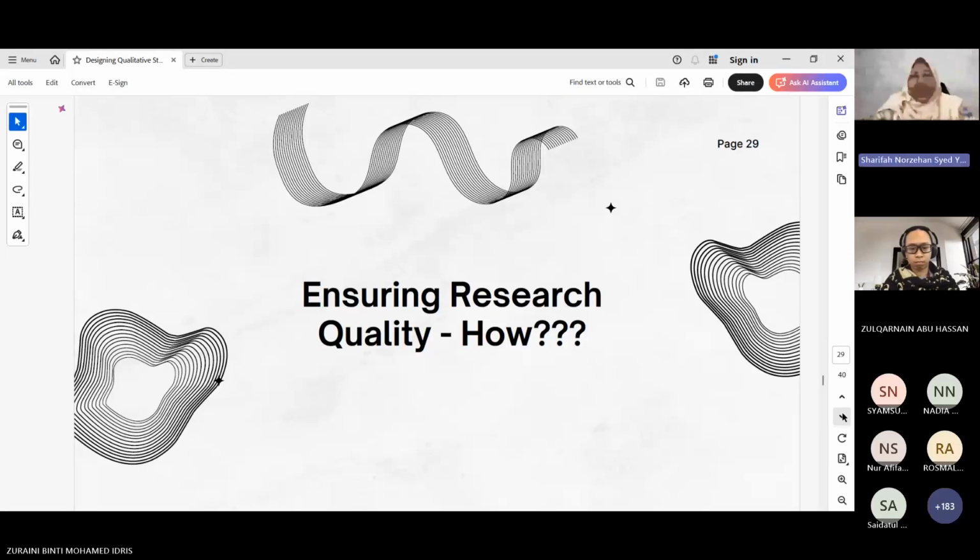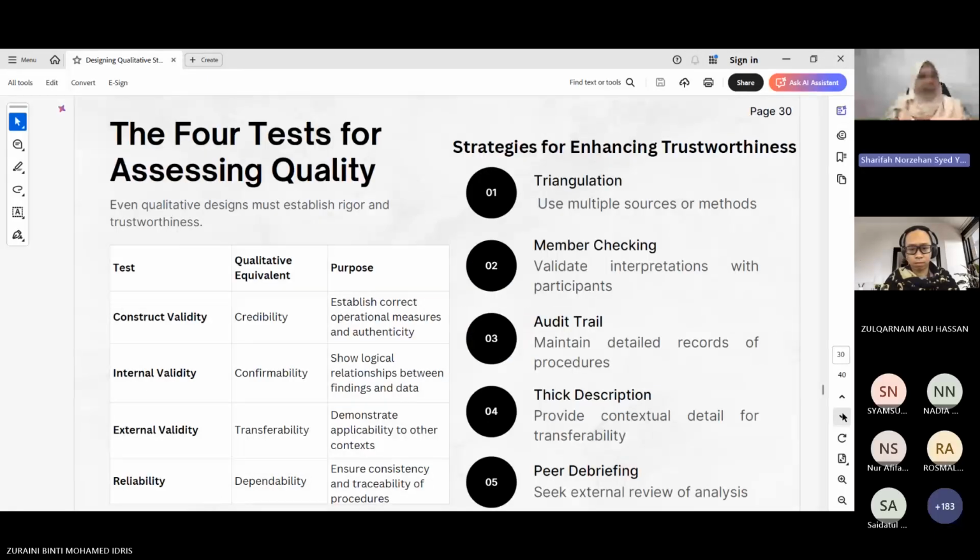Okay, this is what I meant by the research quality. Next. Earlier we talked about rigor. If you do quantitative research, normally you have statistical tests for your construct validity, internal validity, external validity, and then reliability.